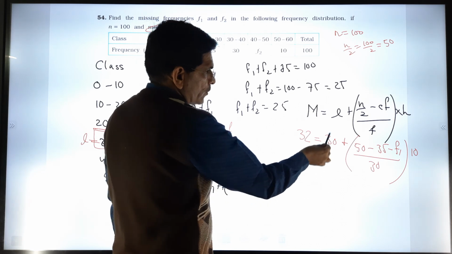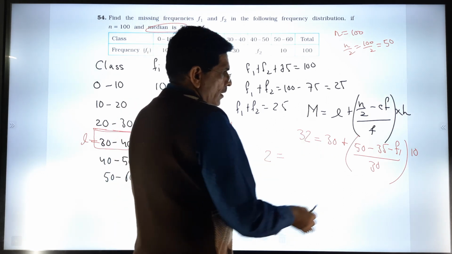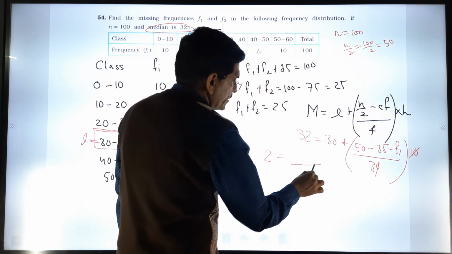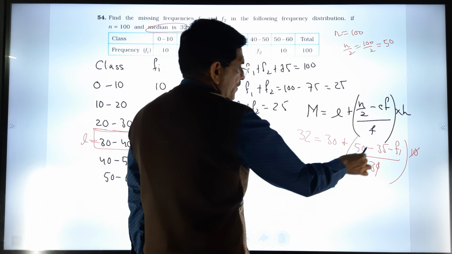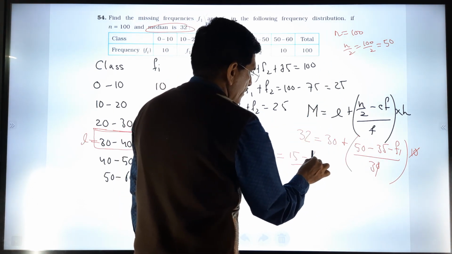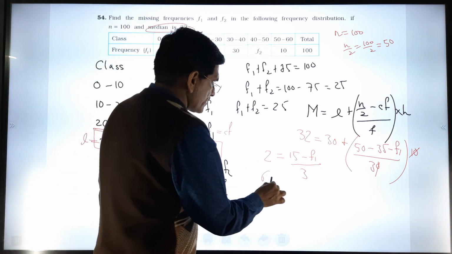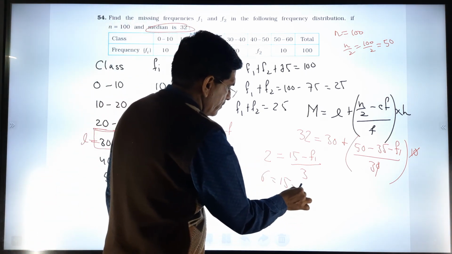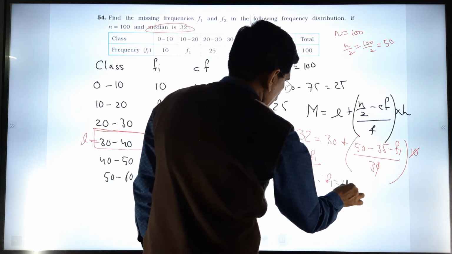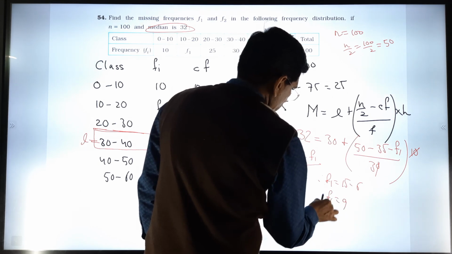So according to this, 32 minus 30, we can take 2. Here the zeros cancel, so only 3 remains. 50 minus 35 is 15 minus F1. So 3 twos are 6, equal to 15 minus F1. Therefore F1 is equal to 15 minus 6, so F1 is equal to 9.